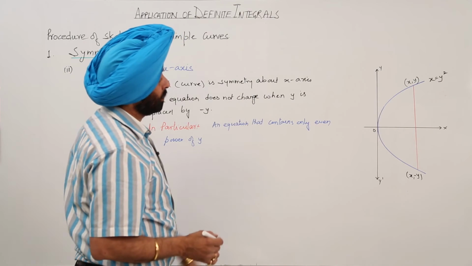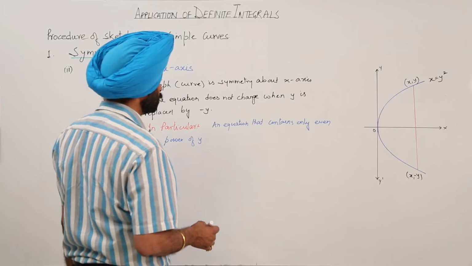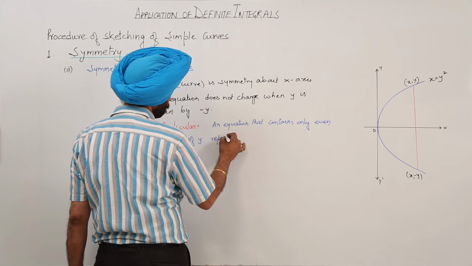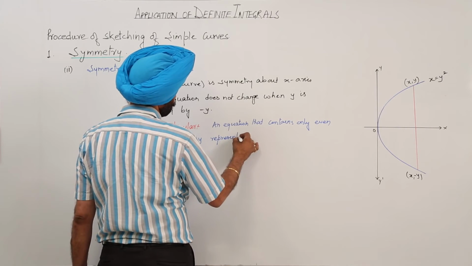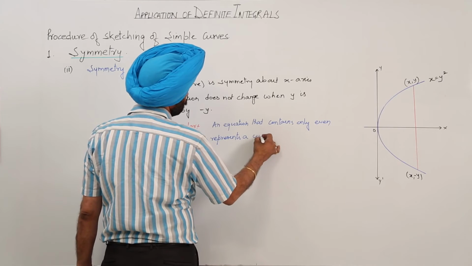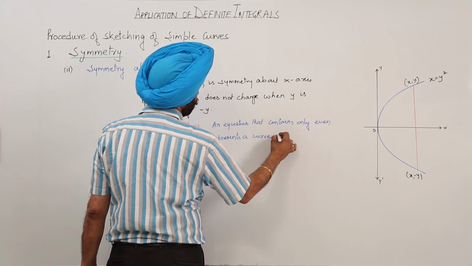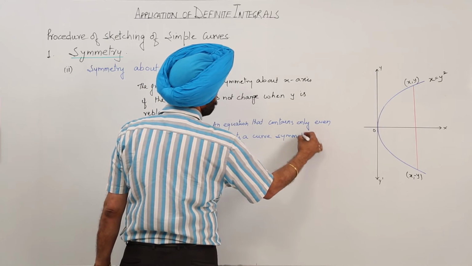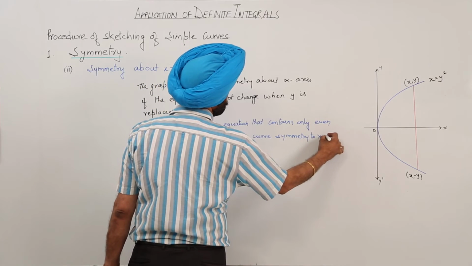Okay, we are having a graph x is equal to y square. Even power of y represents a curve symmetric to the x-axis.